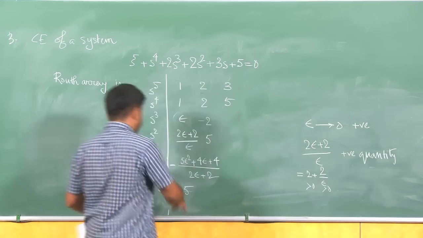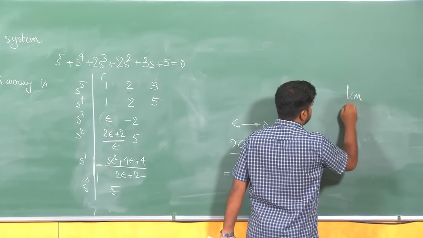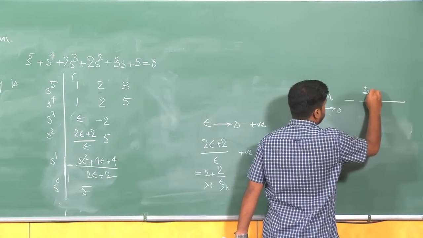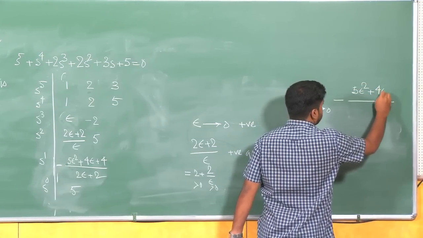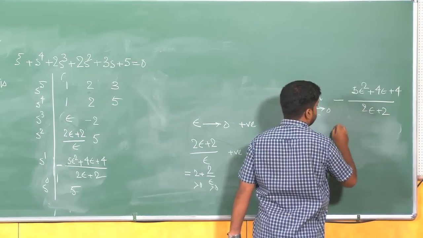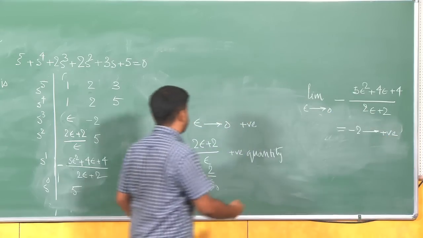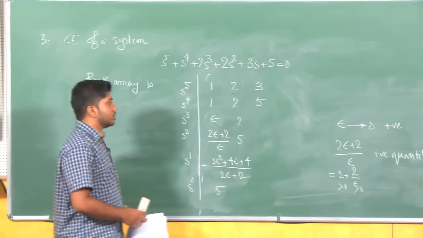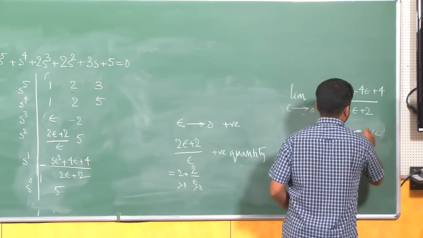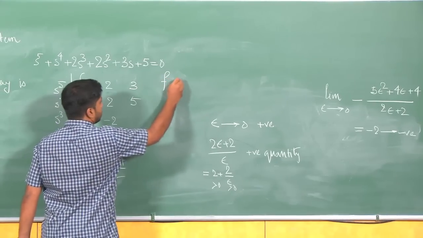Now, the other term, this one, limit epsilon tends to 0 minus of 5 is equal to minus 2, that is negative. Negative.